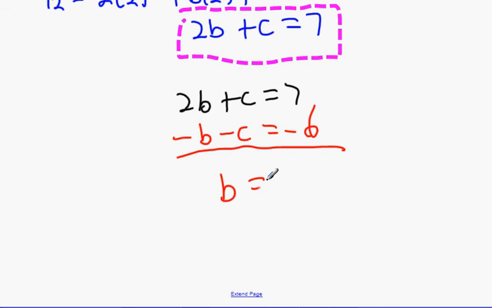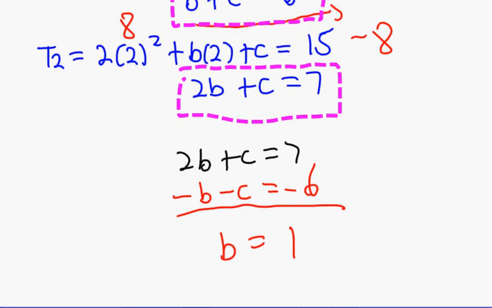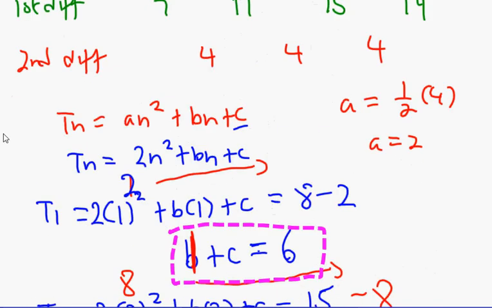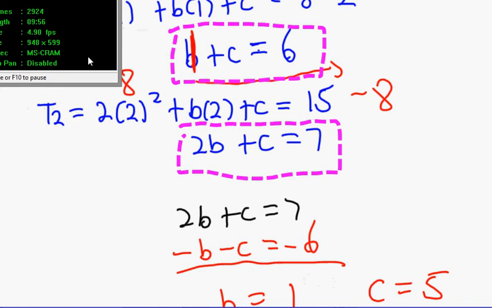And we're going to get b equals 7 minus 6. B equals 1, as predicted. We now know that b plus c equals 6. If b is the number 1, what does that tell you about c? C is 5. Is that what we're asked to prove? B is 1 and C is 5.